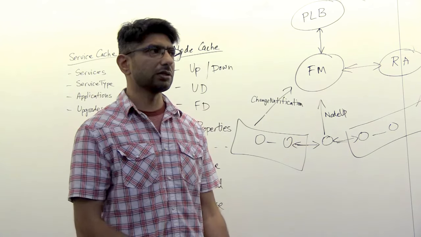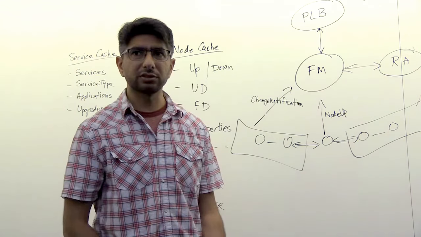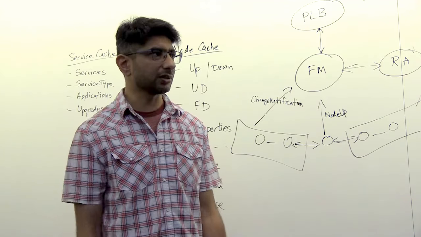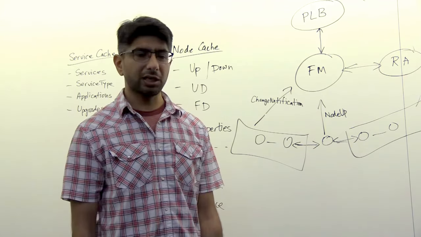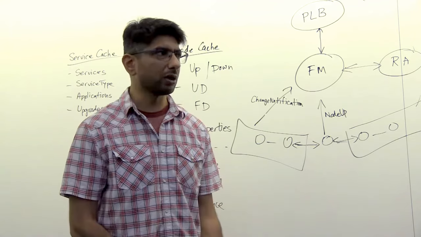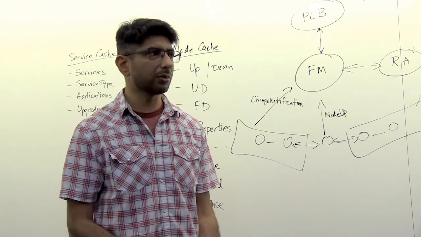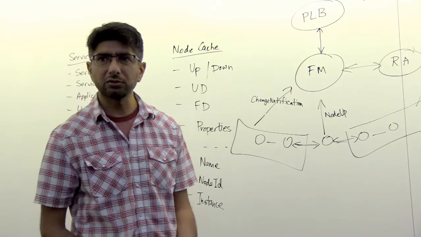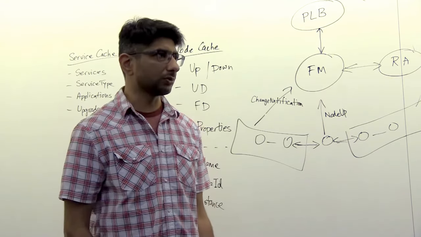Then it's only the secondary replicas or the stateless instances. And then we do what we call the safety checks. The safety checks say: if I were to bring this node down as part of the upgrade, unless it's a notification-only upgrade where the process doesn't go down, typically the process goes down.